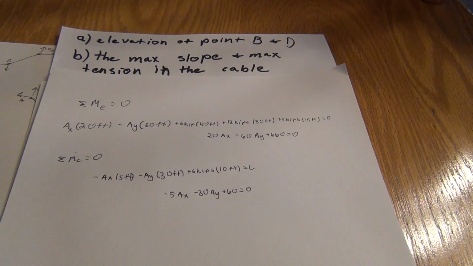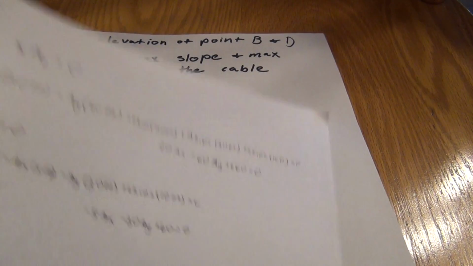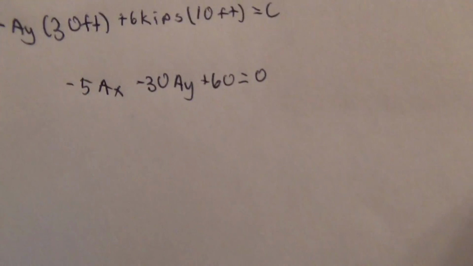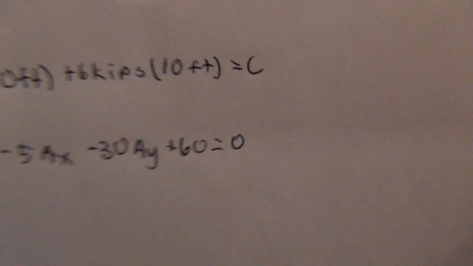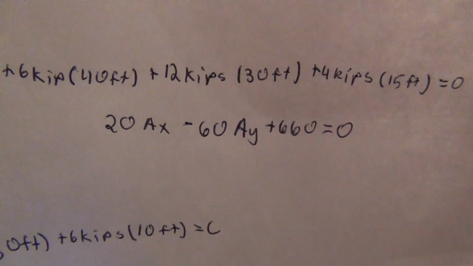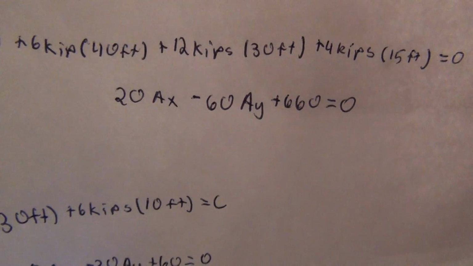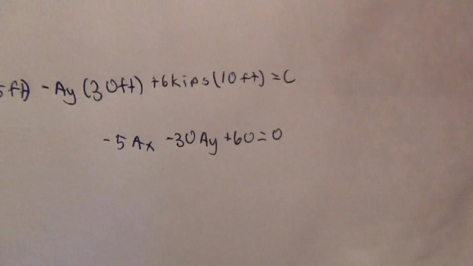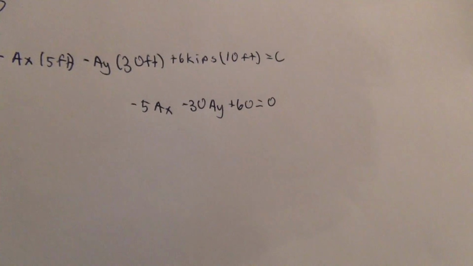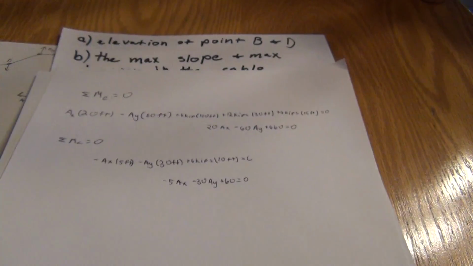So, solving this one, just a basic algebra problem, solving this equation and this one simultaneously, we can get AX and AY. So let's write down AX and let's write down AY.